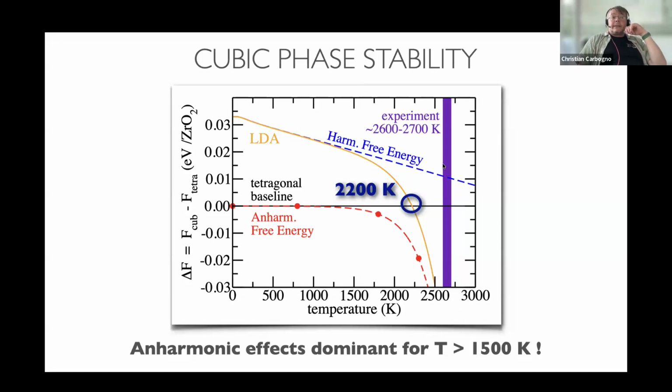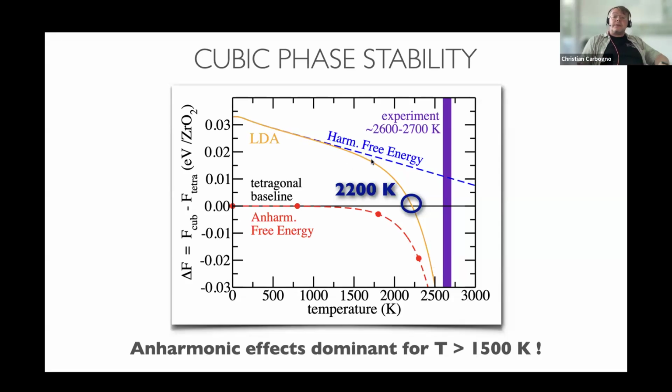To get a phase transition to this cubic system, you have to account for these anharmonic free energies that go beyond the actual description that you have in a harmonic system. This typically requires molecular dynamics, expensive molecular dynamics, to really account for these effects.